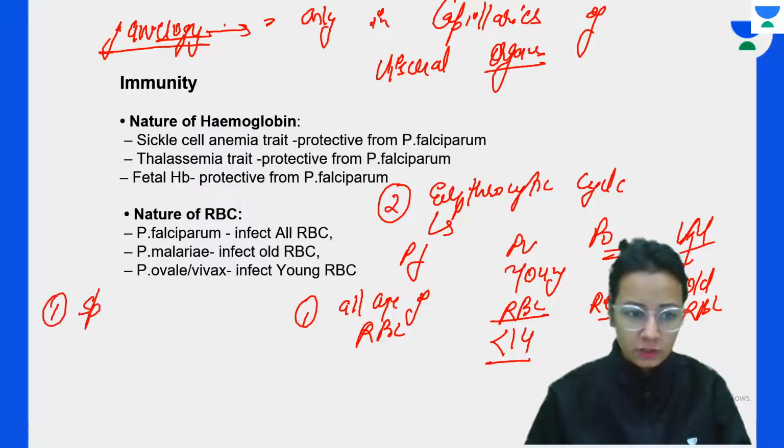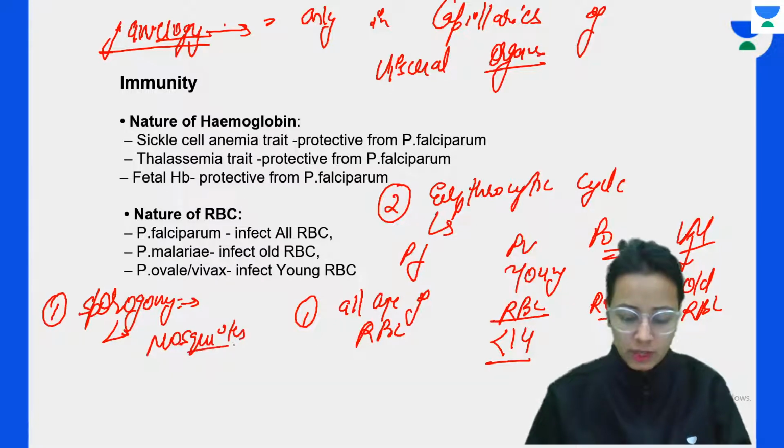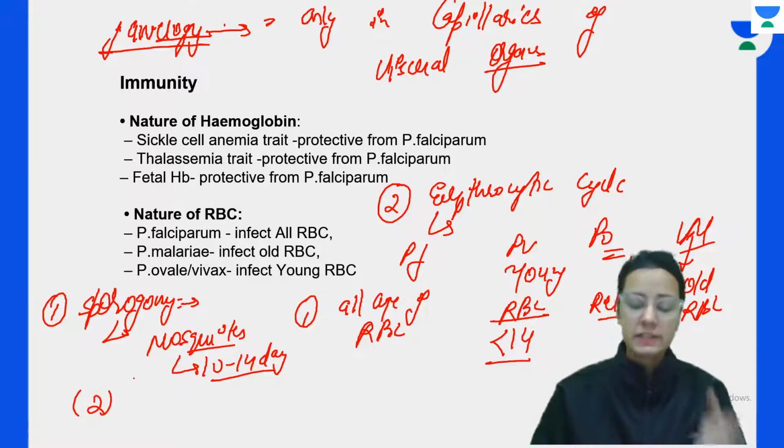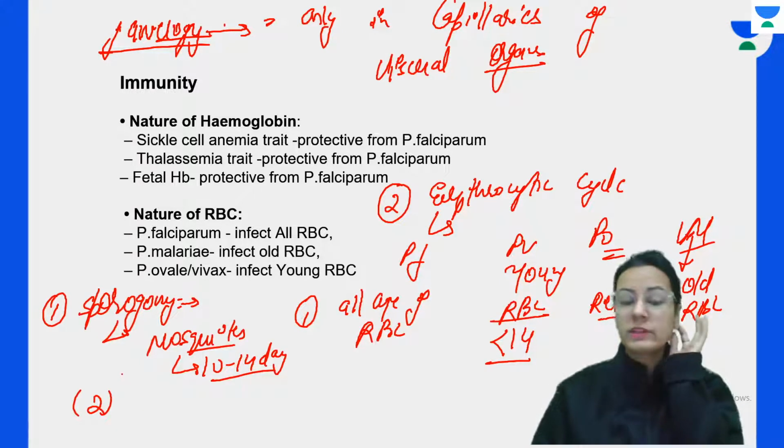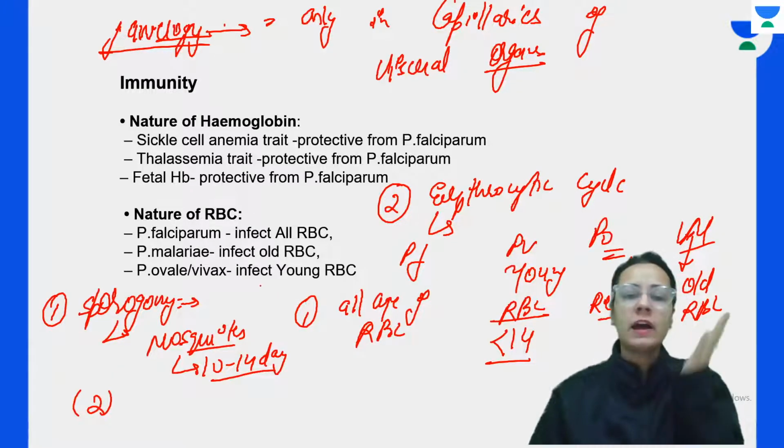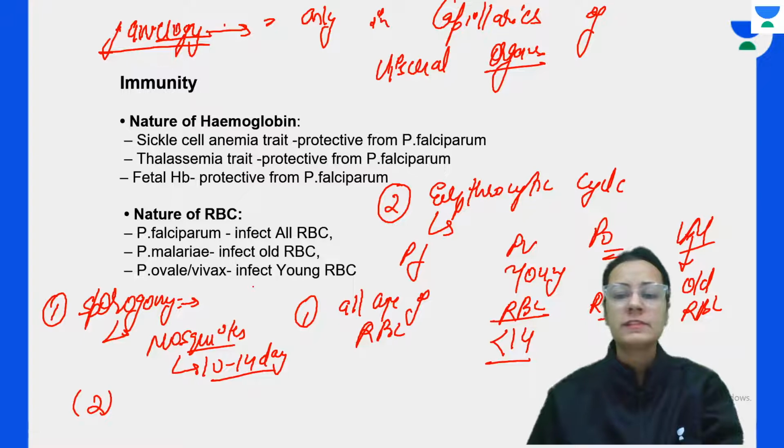And then we talked about the sporogony, where it infects the mosquitoes, and it is around 10 to 14 days in duration. Then we have the secondary exoerythrocytic cycle, which is the relapse or reactivation of the hypnozoites, and which is only seen in the vivax and the ovale, not in the falciparum or the malariae.